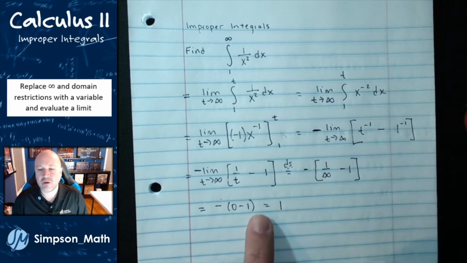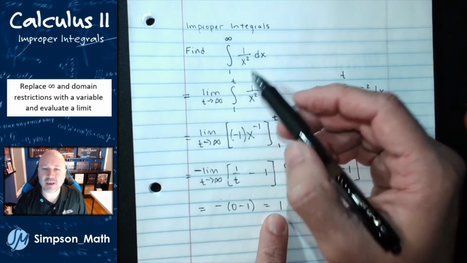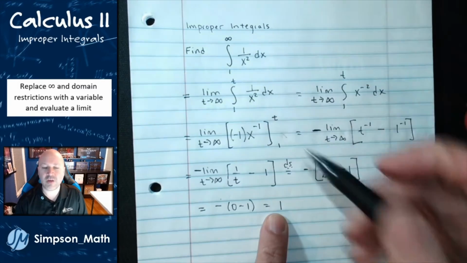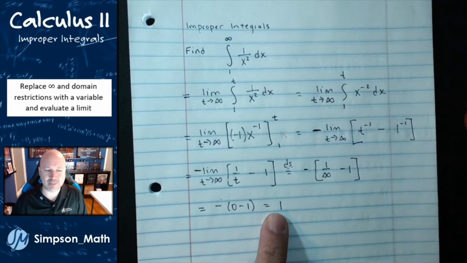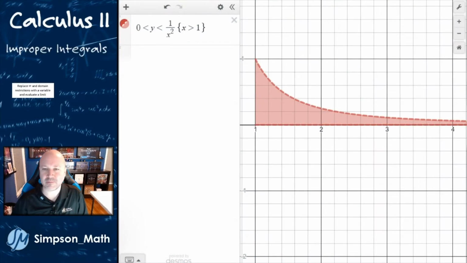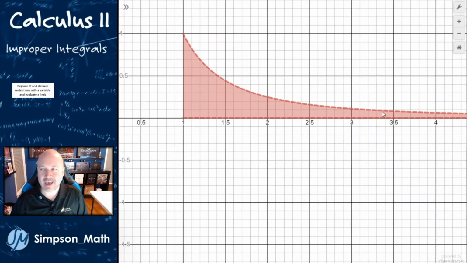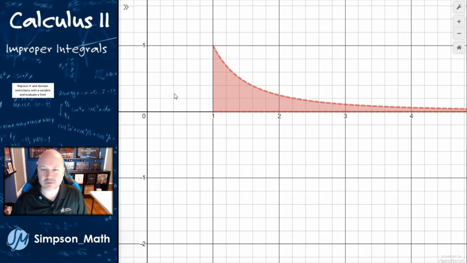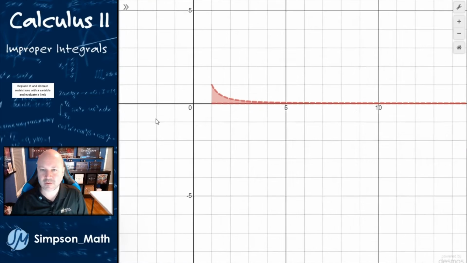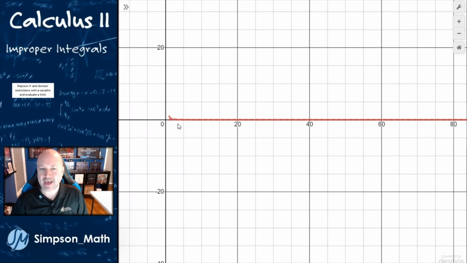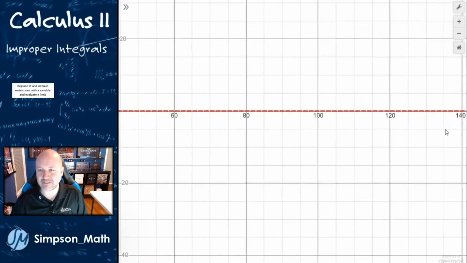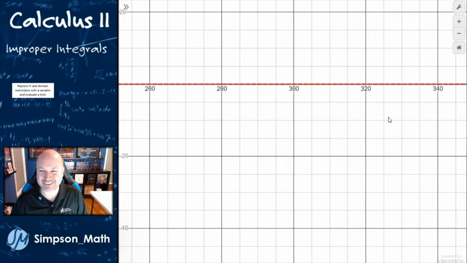Oh, 1. So when I calculate the area under that curve, let me go back and look at that again. I don't believe it. I'm going to make this bigger. If I take a look at this graph and I keep zooming out, and I add that area, and I keep adding it for as long as I can possibly go.